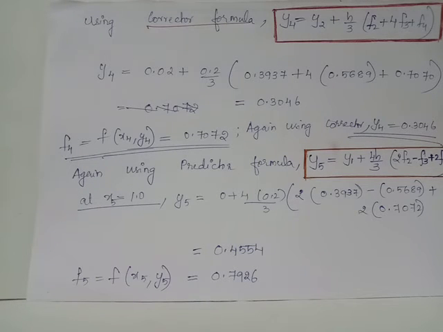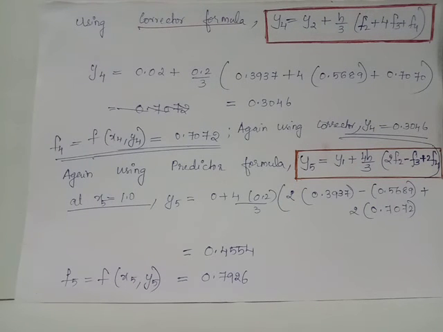Since we have x5 and y5, we can compute f5, giving x equals x5 and y equals y5 in f of x, y equals x minus y square. We obtain f5 equals 0.7926. Now we will use this value of f5 to correct the value of y5 using the corrector formula for y5.